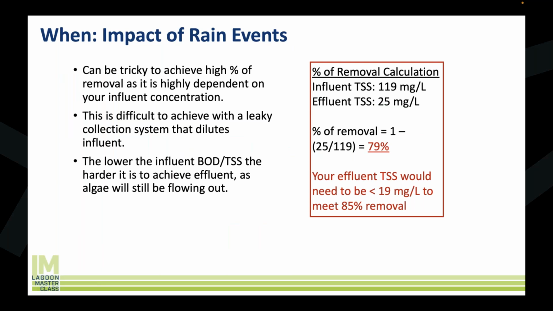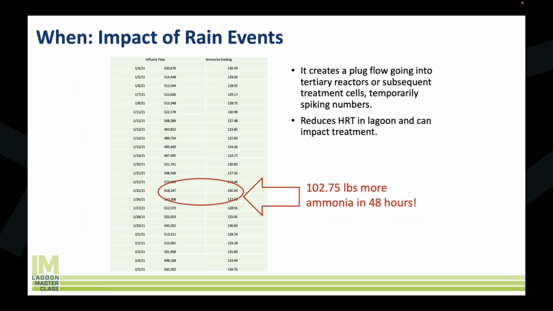You could be putting out beautiful water, however, you're not actually treating enough water according to the DNR in order to meet that. Or what it's going to do is it's going to create this spike in loading. It's going to push water from the front of the plant through the plant, kind of like a plug flow, before it gets diluted, it's going to push this concentration of water through at a rate that you don't have the biomass to support and treat.